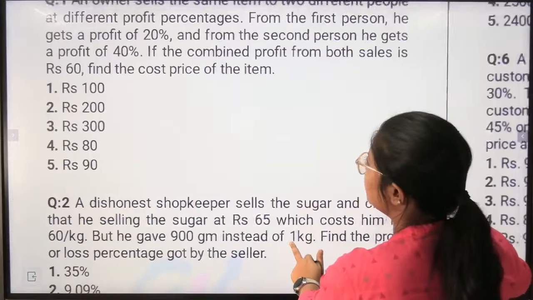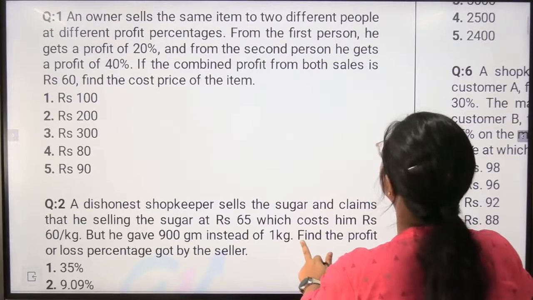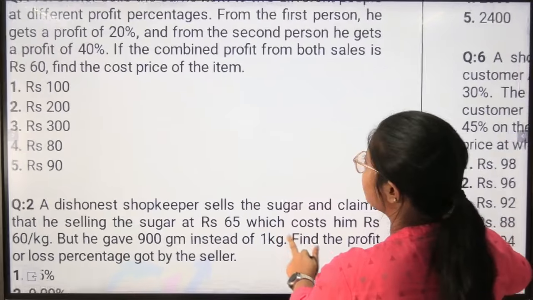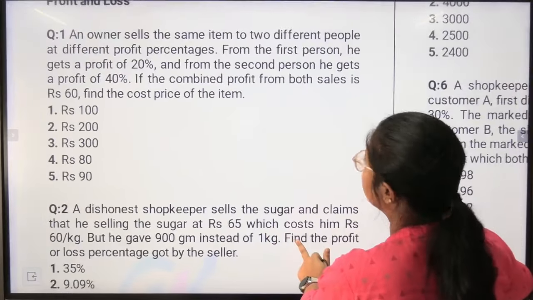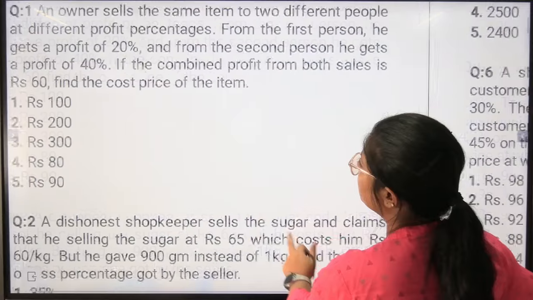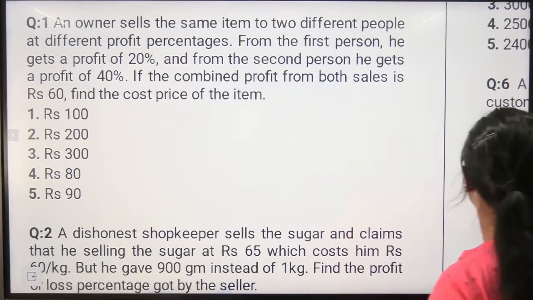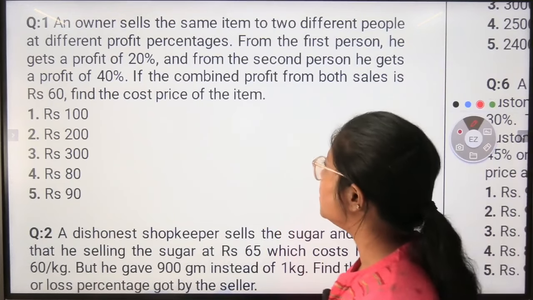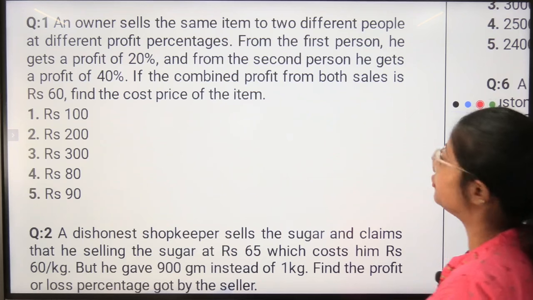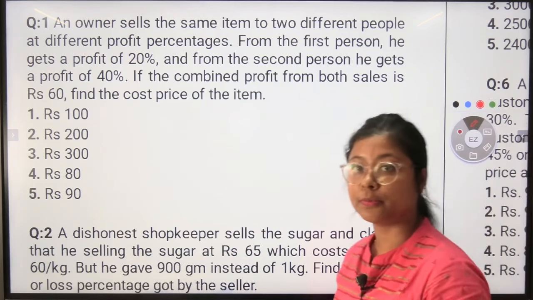So my question number 1 is given as: an owner sells the same item to 2 different people at different profit percentages.